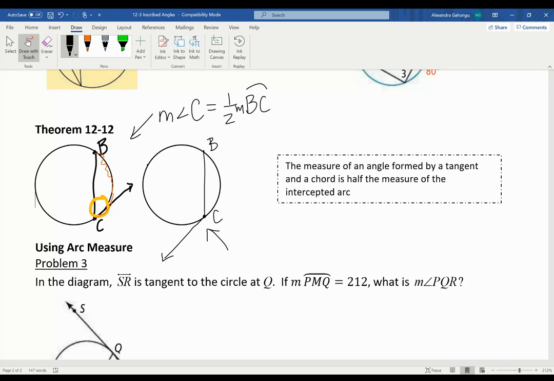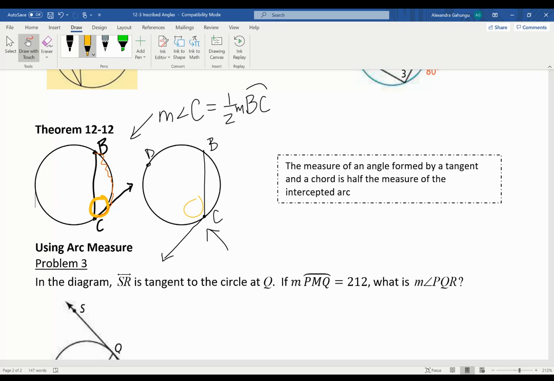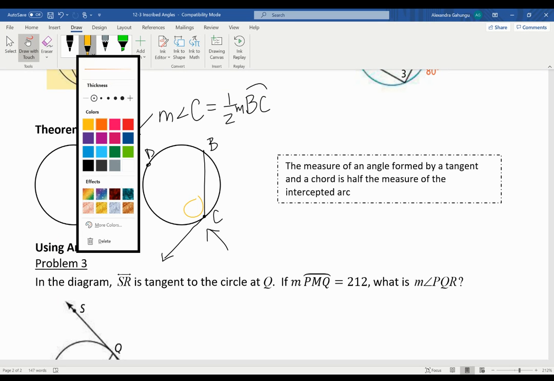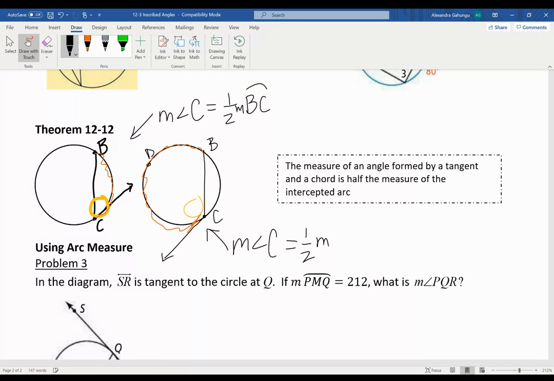And we have a point on this arc, D. I know that this angle C is going to be half the arc here, because that's the arc it cuts off, because that's where this opens. So that means the measure of angle C is going to be half the measure of arc BDC. So it's actually following the same thing. Angle is half the intercepted arc.